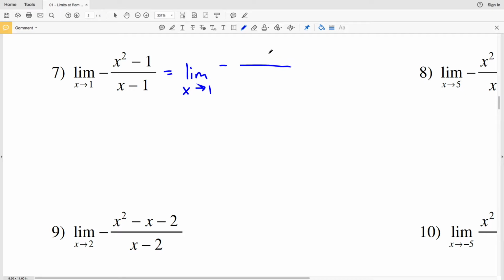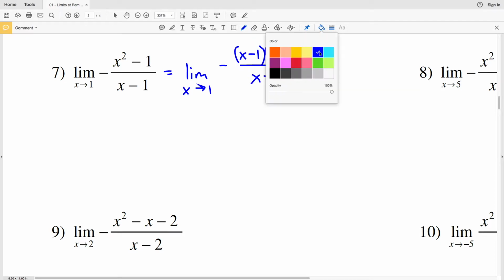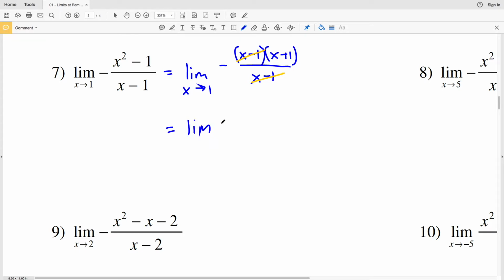So in our numerator, our factored form is x minus 1 times x plus 1. And that's all over x minus 1. Now you can see that x minus 1 cancels out with x minus 1. So an equivalent limit is the limit of the opposite of x plus 1 as x approaches 1.